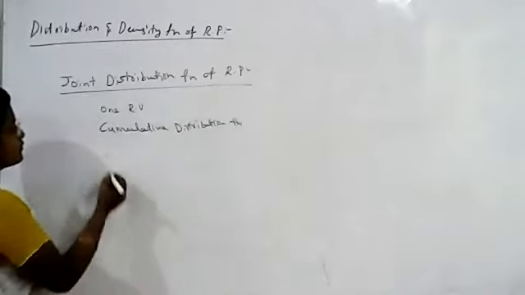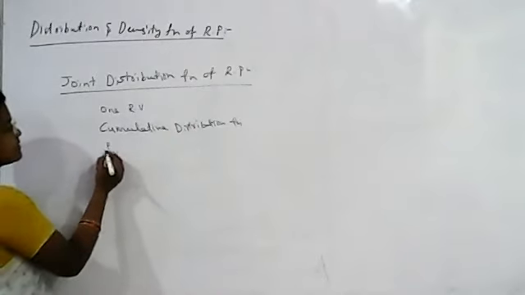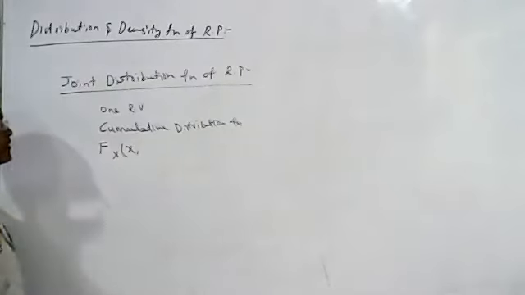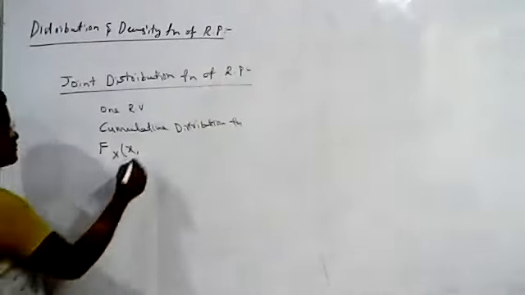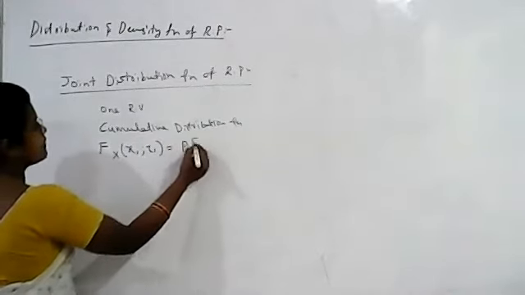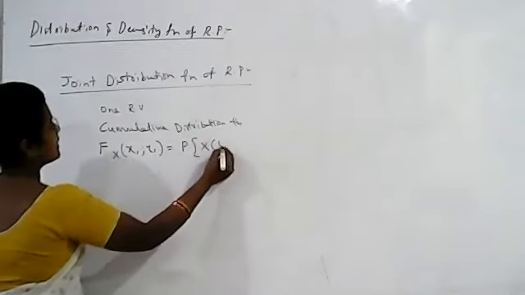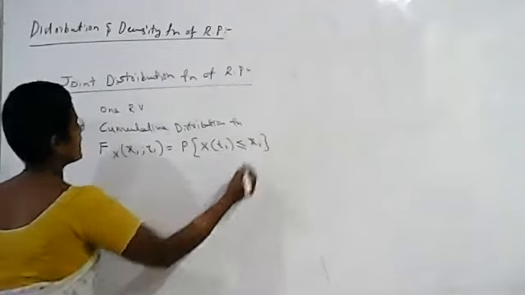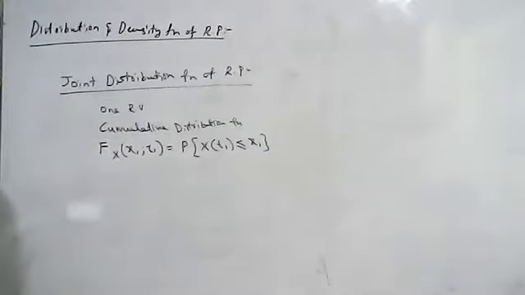How do you write this? Only one random variable. We know that the distribution function we denote with capital F. Capital F X of x1, t1. What is this? It is the probability of getting X of t1 less than or equal to x1. This is called the cumulative distribution function.